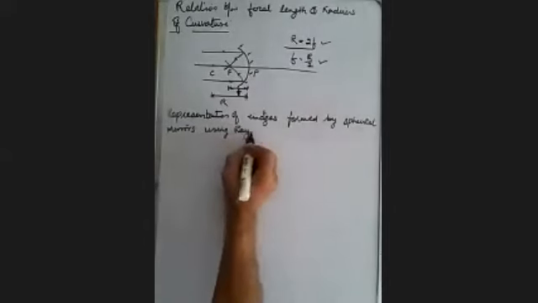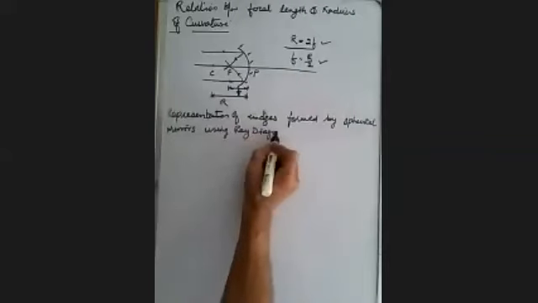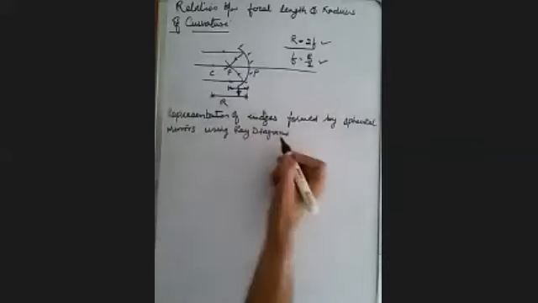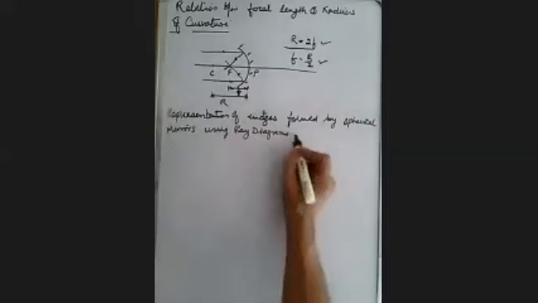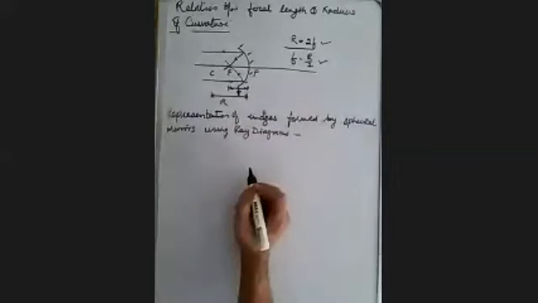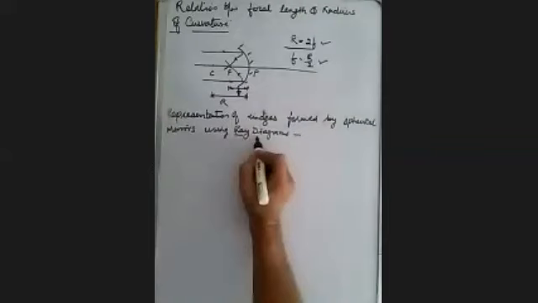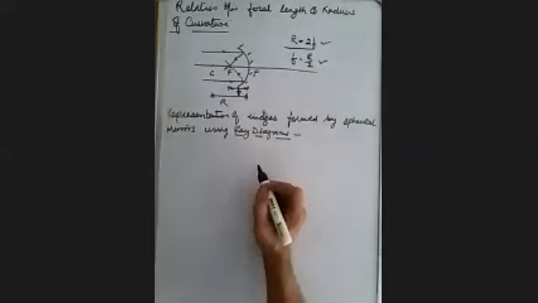We are going to draw a ray diagram, and then we'll be able to represent the images formed by the spherical mirror. So to find the position and nature of the image of an object formed by a spherical mirror, we have to draw a ray diagram. Okay.